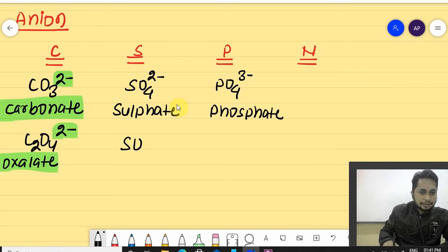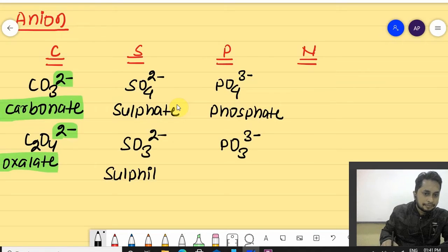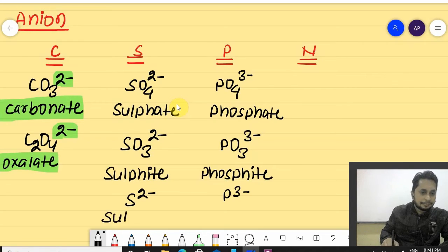One oxygen less, SO3 double minus, and PO3 triple minus. This is called sulfite, and this is called phosphite. Without oxygen, S double minus, P triple minus. This one is called sulfide, and this is called phosphide.